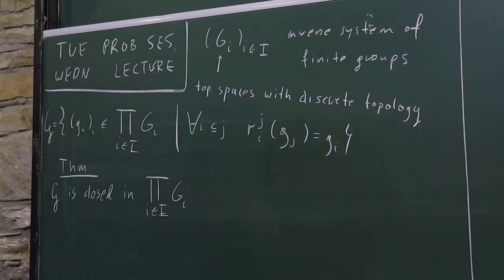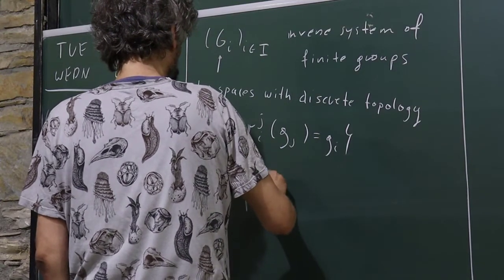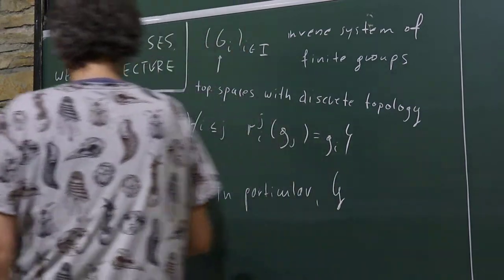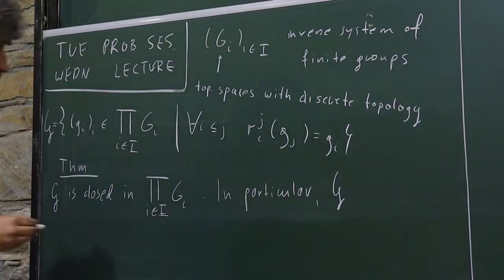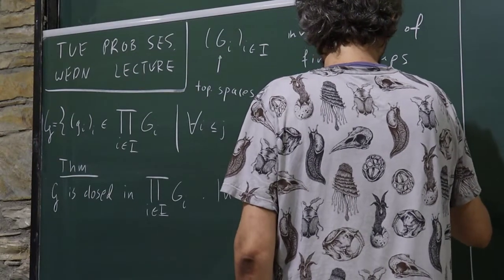So then, in particular, it becomes a compact topological space with induced topology.